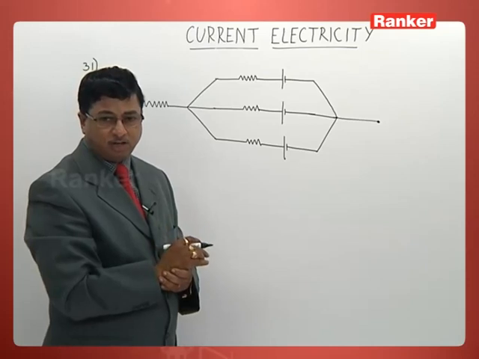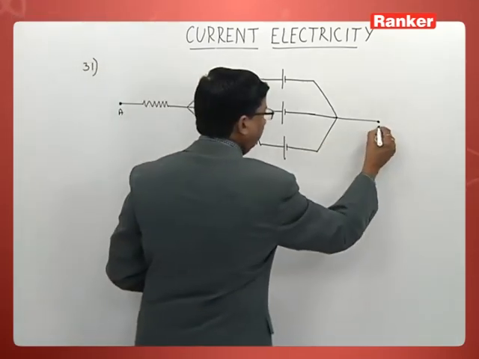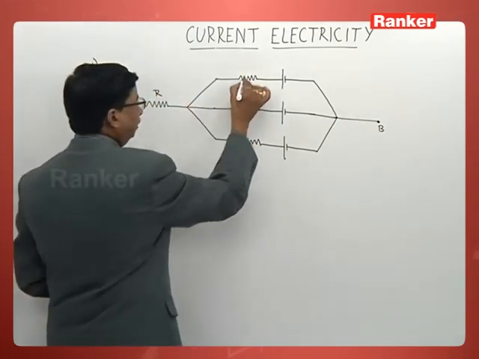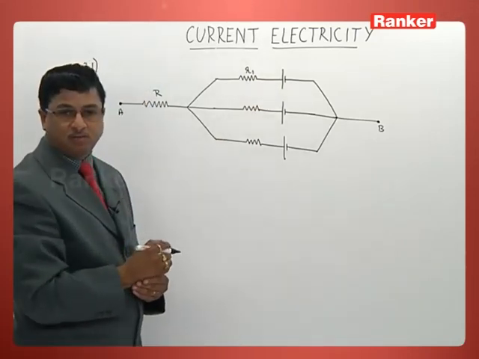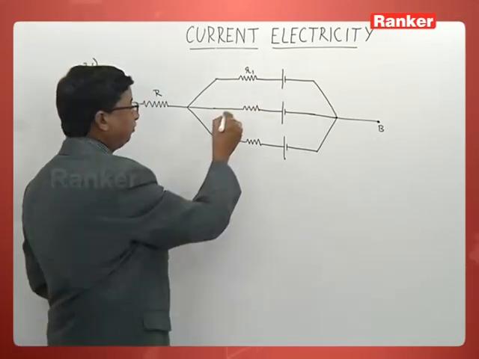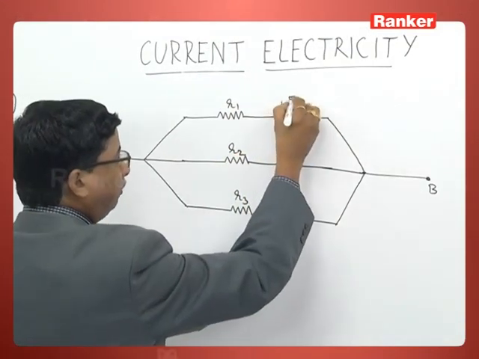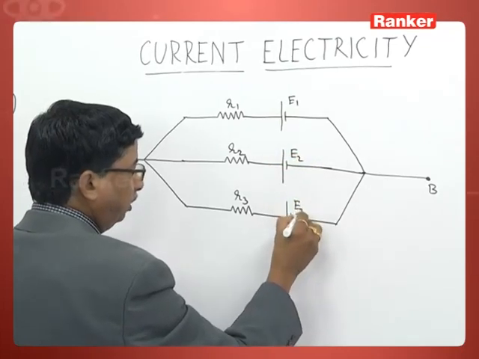So what did he say now? This is the point A, this is the point B, this is the value of capital R. This one is given R1. He has given the values R1, R2, R3. This is R2, this is R3, this is E1, this is E2, this is E3.